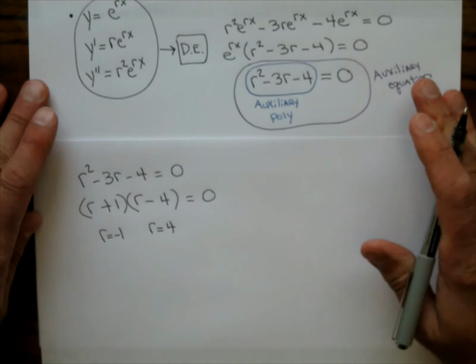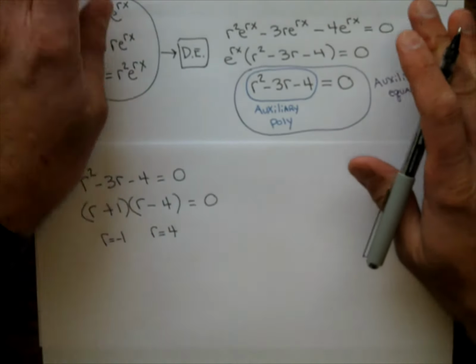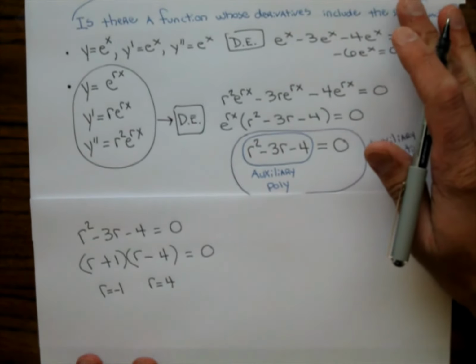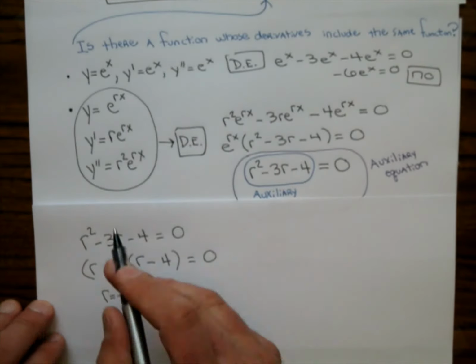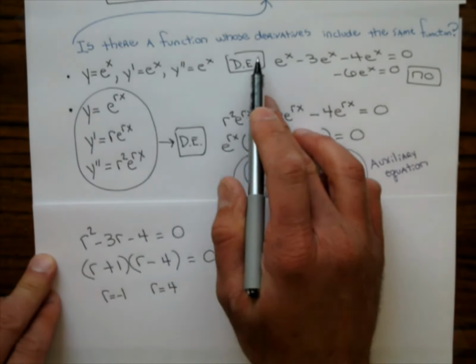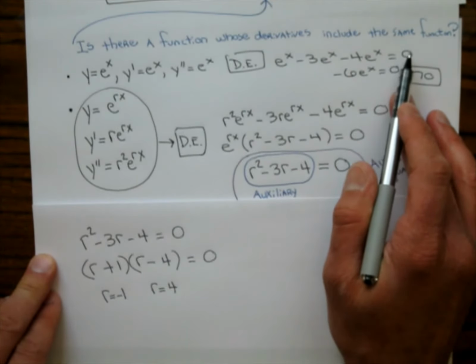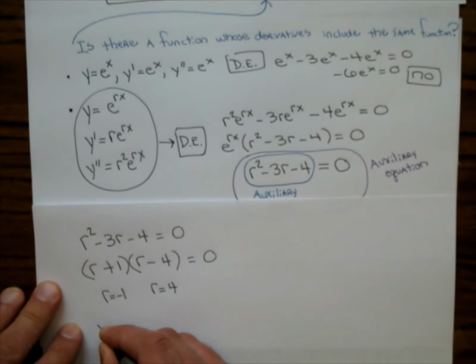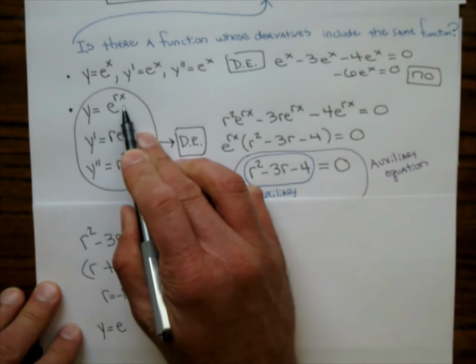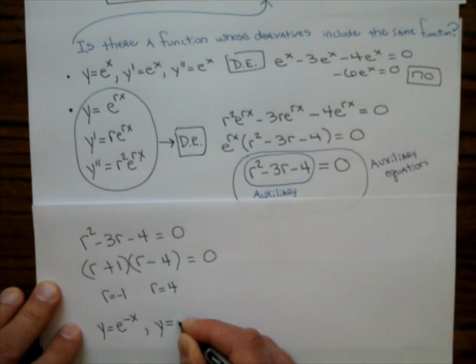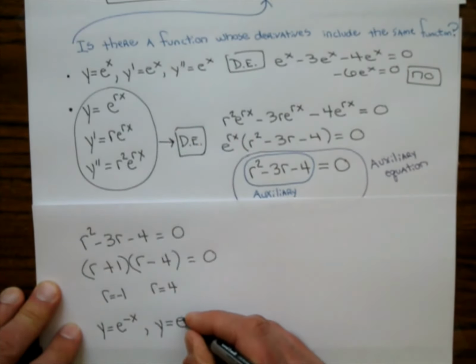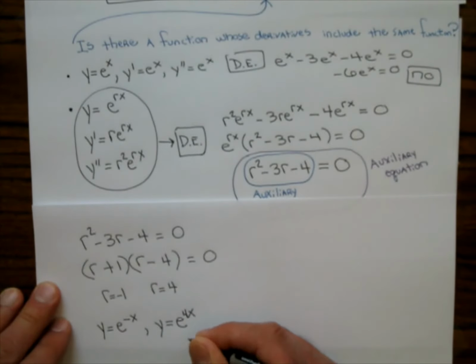Okay, so what is this all about? I know we can't fit everything on here. It just means that, remember, there is a function whose derivatives include the same function. There's actually 2 of them. One of them is y equals e to the rx, so this is going to be e to the -x. And then the other one is y equals e to the rx, so this is e to the 4x.